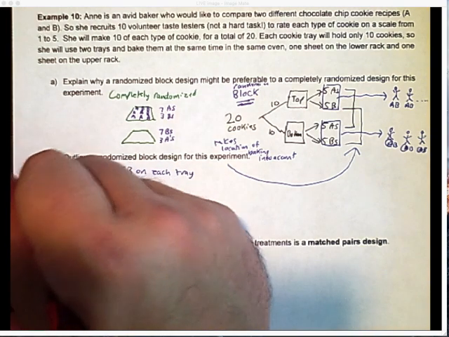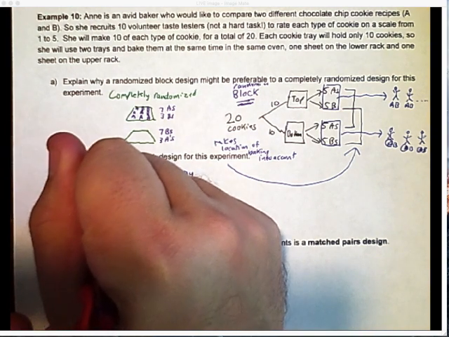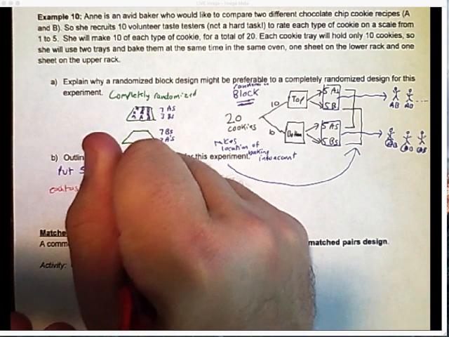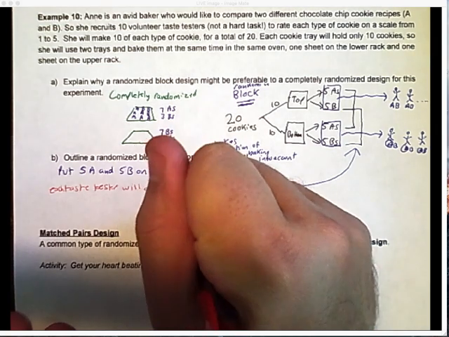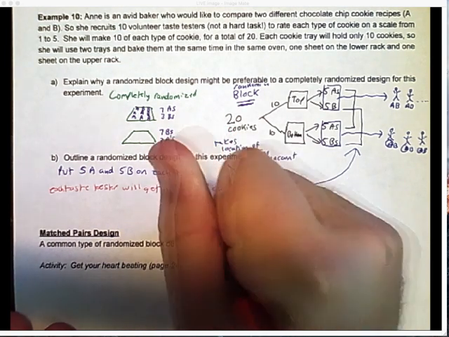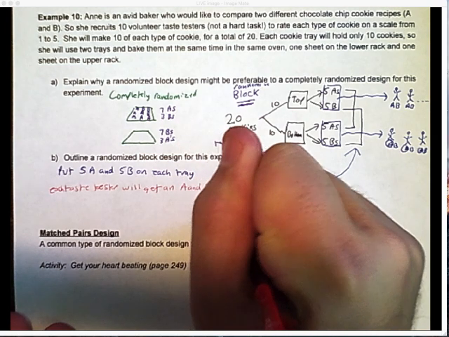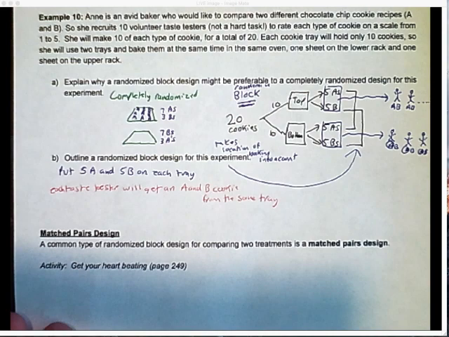And each taste tester will get an A and B cookie from the same tray. That's probably the best way to do it.